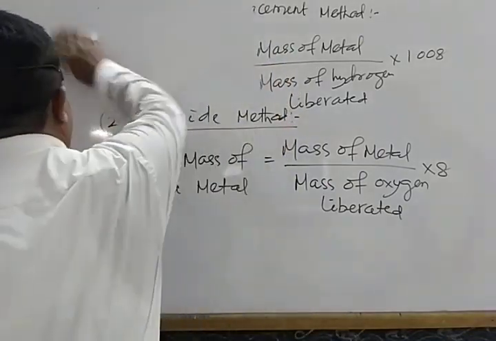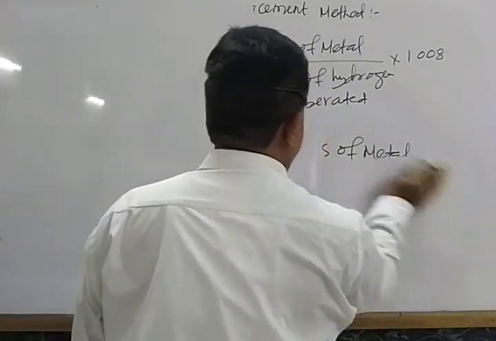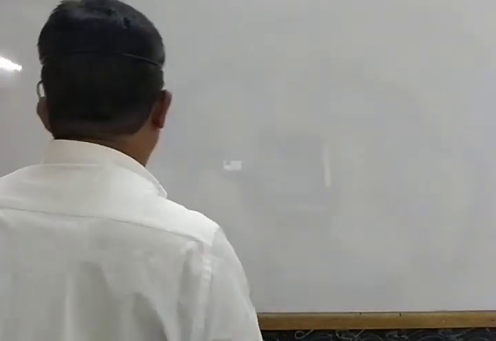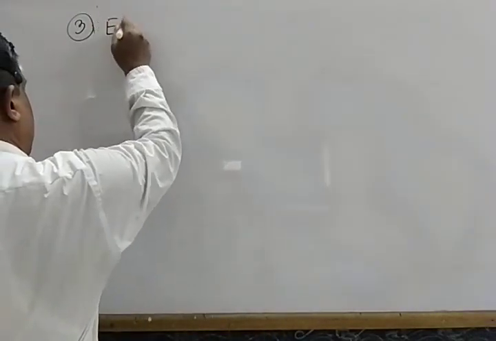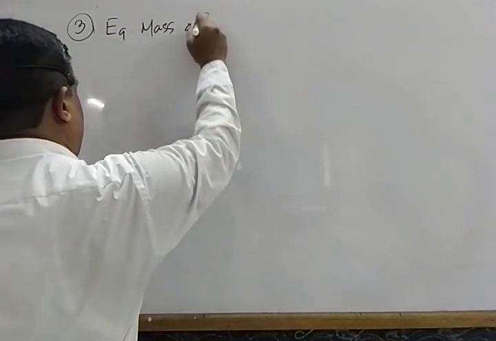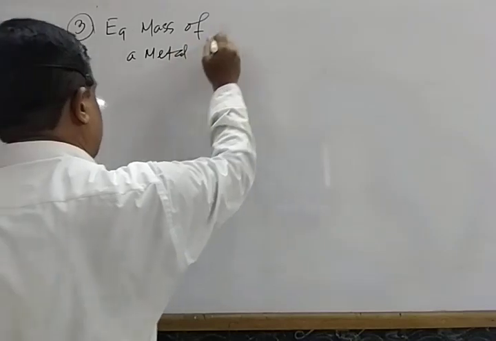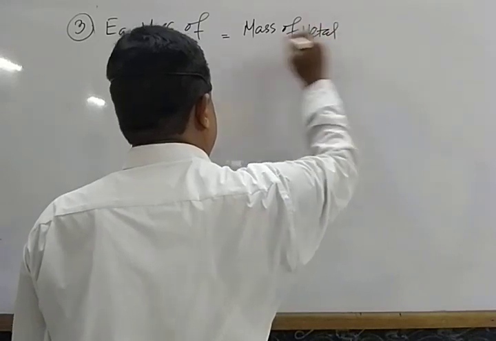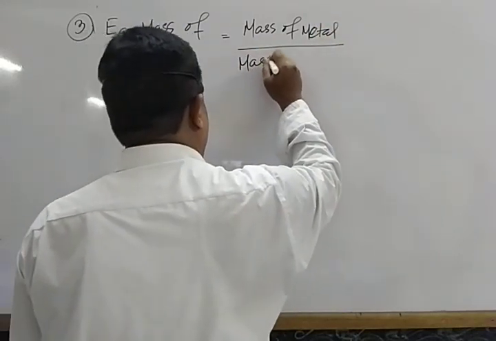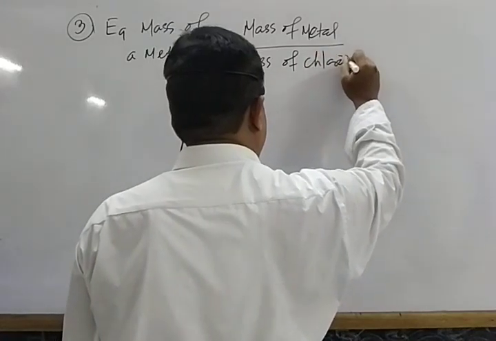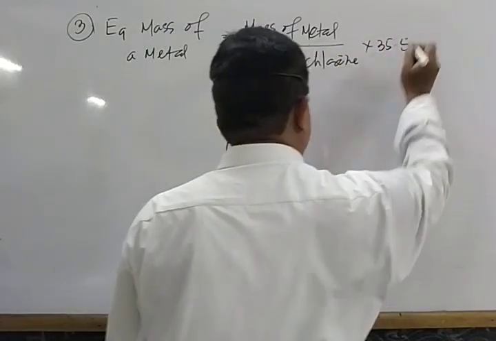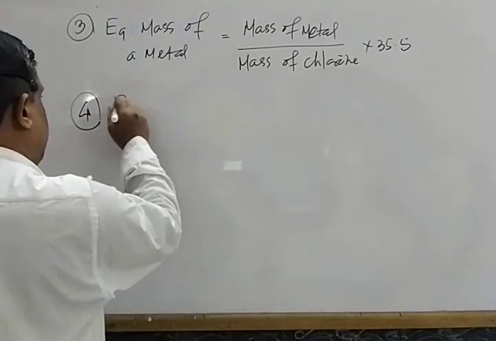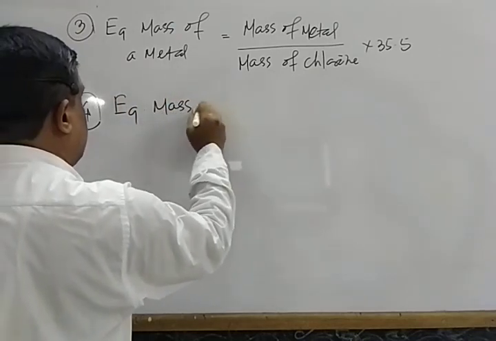Third one: equivalent mass of a metal is equal to mass of metal divided by mass of chlorine into 35.5.